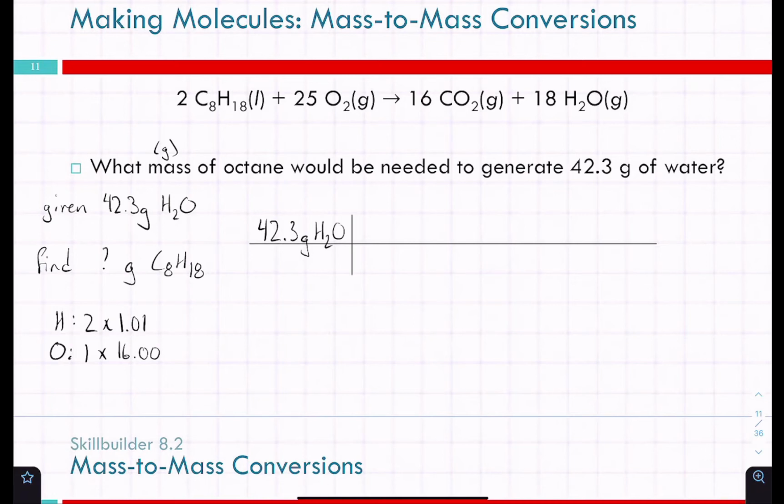But normally you would just look these up on the periodic table. These ones I happen to have memorized. Right. So this is going to be 2.02, 16.00. So we're going to have 18.02 grams per mole H2O.